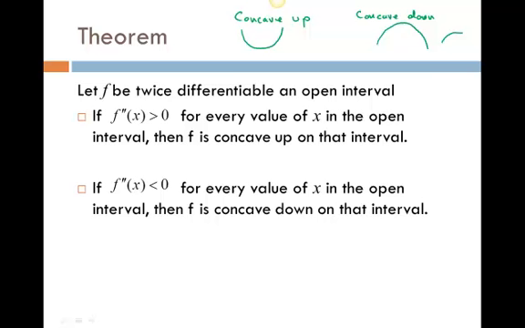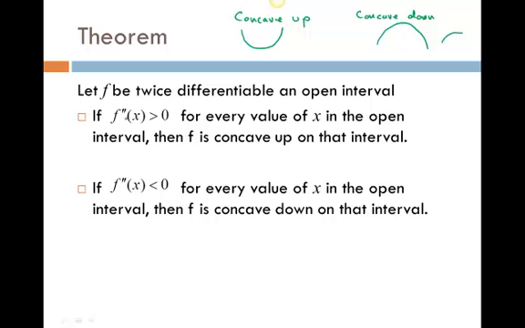Okay. So the second derivative tells us a little bit about concavity. So the theorem says let f be twice differentiable on an open interval. In other words, you can find the derivative, the second derivative. If f double prime of x is greater than 0 for every value of x in the open interval, then f is concave up on that interval, right?